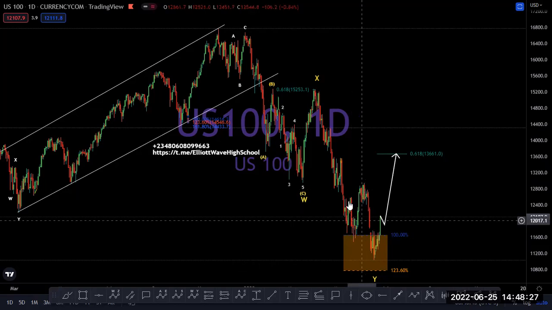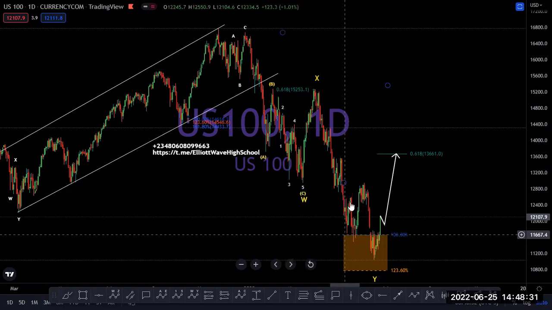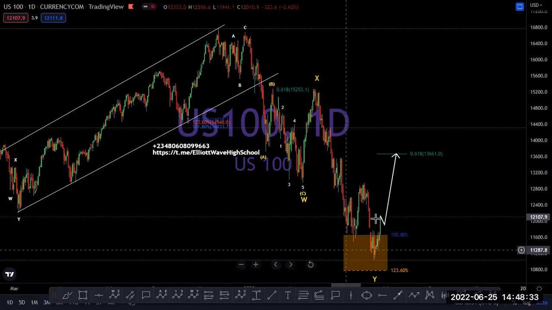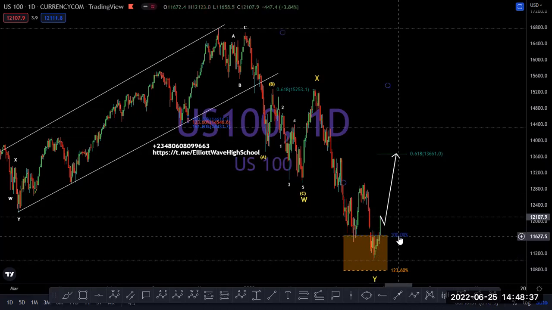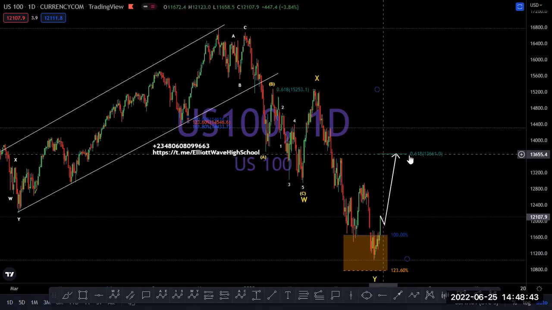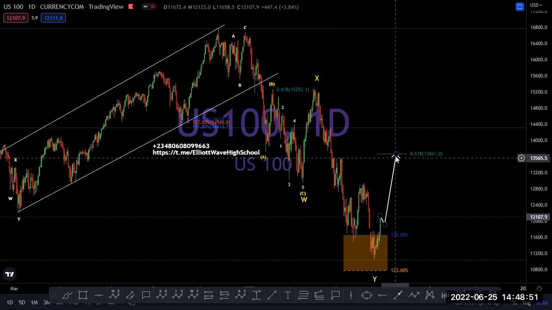The market tried the reversal zone, it didn't go up, touched it, went up, and went very deep into the reversal zone. So having gotten to the reversal zone, the least I'm expecting is the 13,600 level.